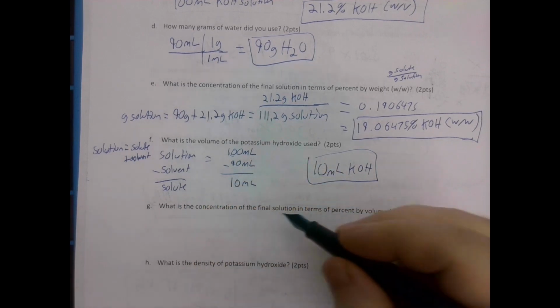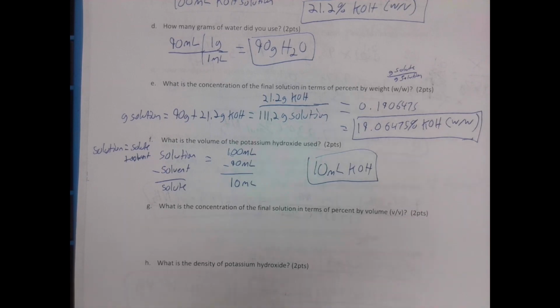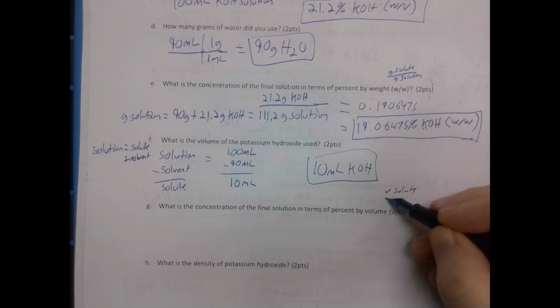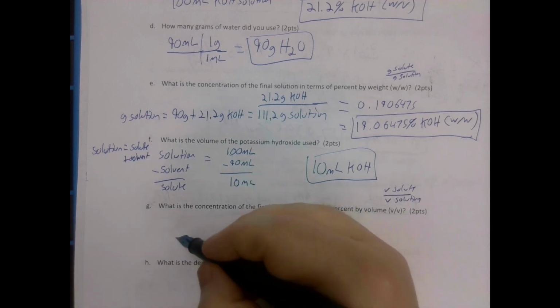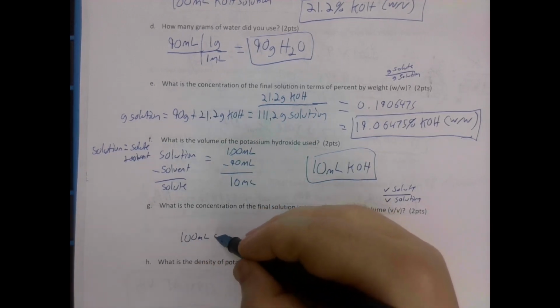So what is the concentration of the final solution in terms of volume per volume? So again, this is volume of solute per volume of solution. My total solution is 100 milliliters. So this is your solution.